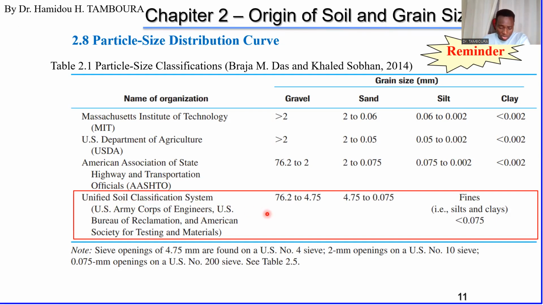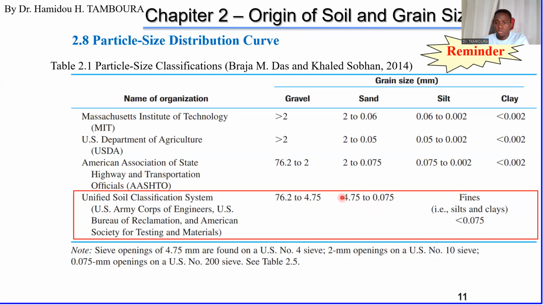So I need you to remember what this system is telling us about the definition of types of soil. This system is saying that between 76.2 and 4.75 millimeter, the soil is considered as gravel.